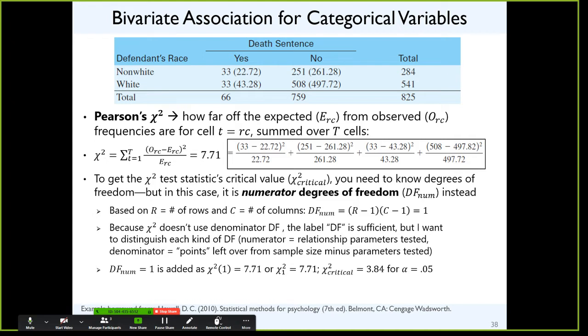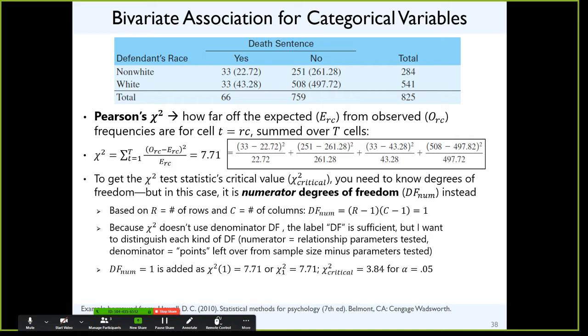This is your first instance of what is known as numerator degrees of freedom. Because what we know in here, if I know the margins, I know how many non-white people were in the data set. I know how many white people. I know how many people got the death sentence, and I know how many people didn't. All I have to know to figure out all 4 of these cells is how many people fell into one of them.